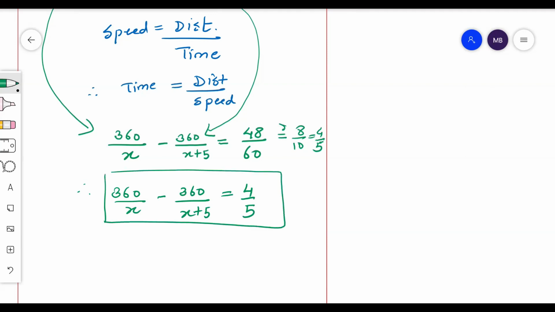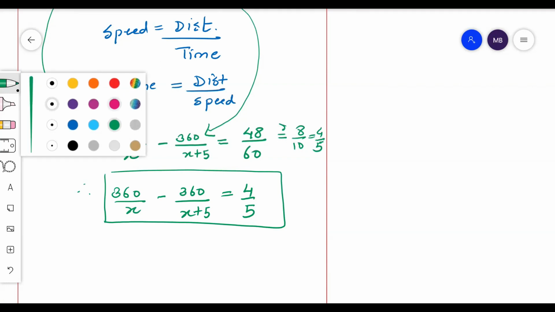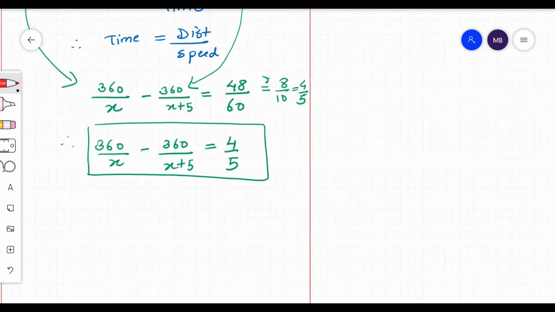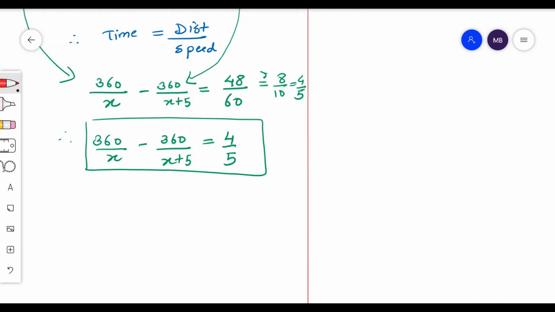Okay, now you will say that the equation looks a little bit complicated. It is not complicated. How are we going to solve this? Nothing you have to do. You just have to take LCM. It will itself get converted into a quadratic equation.